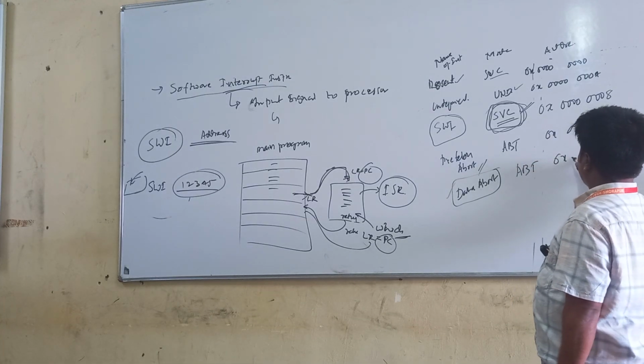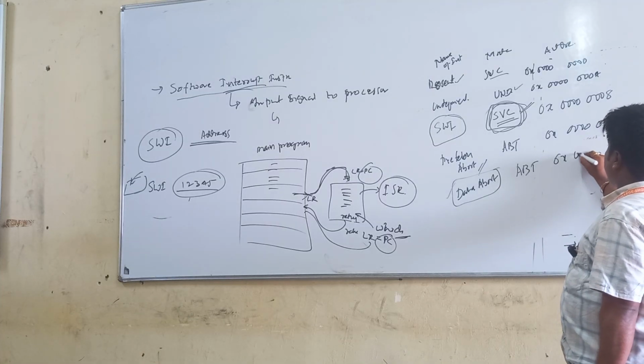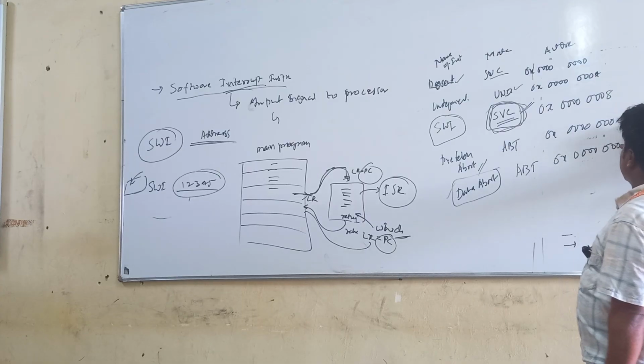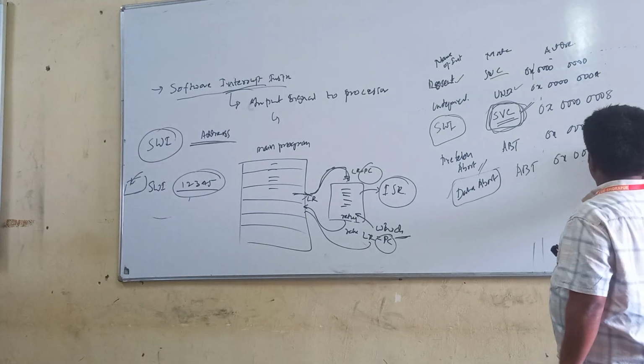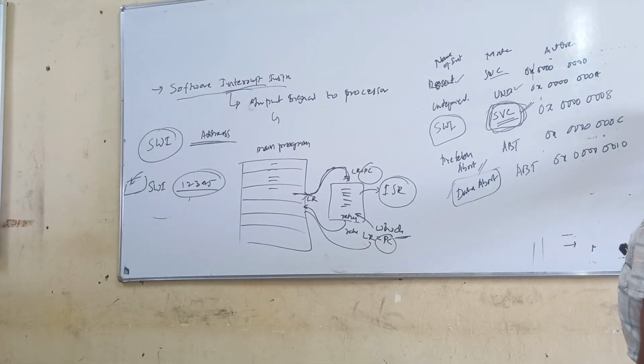Then the address for the data abort in the memory is 0x00000010. 10 in hex is nothing but 16, since 16 ones are 16, and 0 is left.